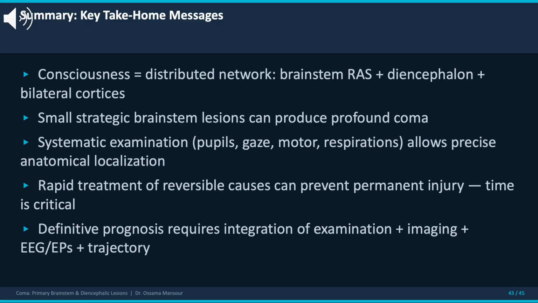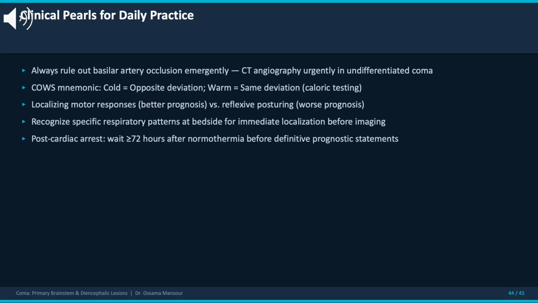Finally, in cases where outcomes are uncertain, compassionate and ongoing communication with families is an essential component of comprehensive patient-centered care. Let me leave you with practical clinical pearls that will immediately enhance your bedside evaluation of comatose patients.